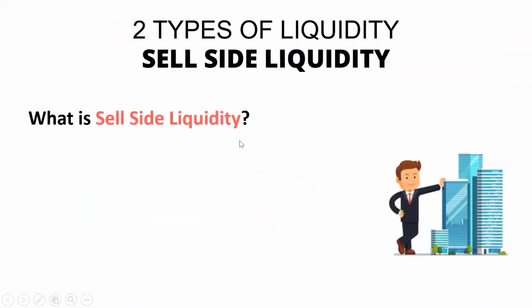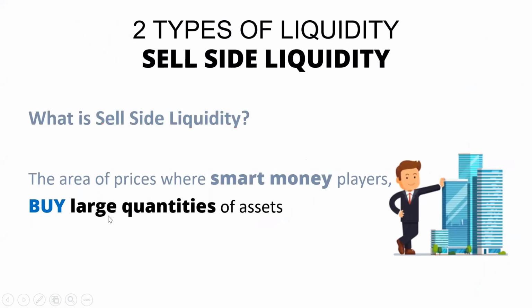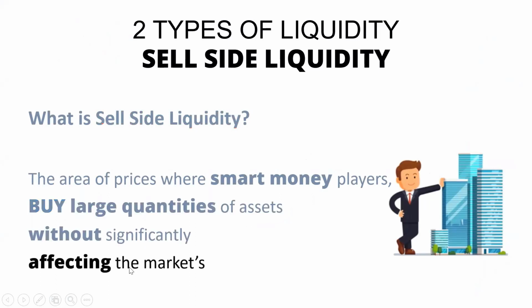Sell-side liquidity. This is the area of prices where smart money players buy large quantities of assets without significantly affecting the market's price. So when you see sell-side liquidity, think about retailers.